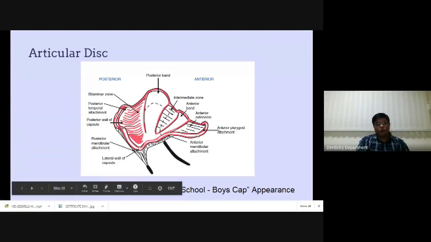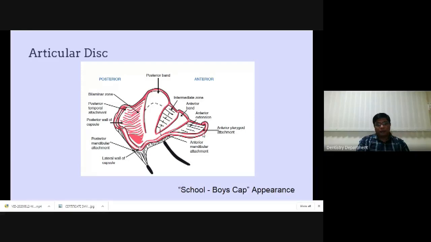The anterior portion of the cap is the anterior extension, and this anterior extension is most of the time attached to the superior head of the lateral pterygoid muscle. Then it has a middle portion, the intermediate zone, and a posterior band, which is the thick zone, and behind the posterior band there is something called the bilaminar zone.